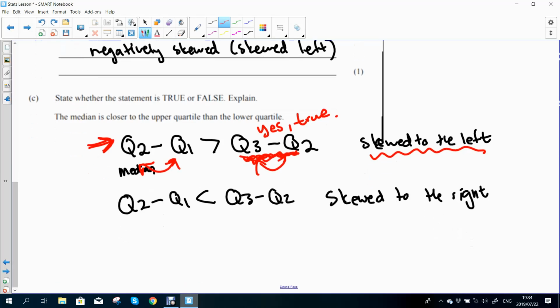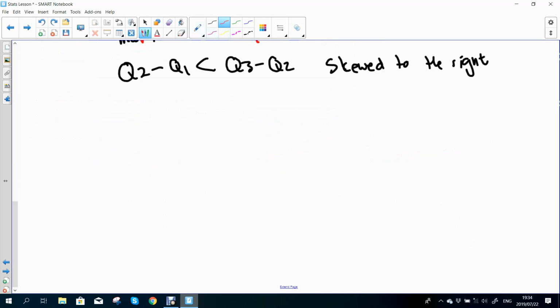The other way, and I haven't discussed this yet, but the other way in which you can determine skewness is to use your mean and your median. If you compare these two, it's actually quite nice to use this one, especially if you have the values. It makes it a lot quicker.